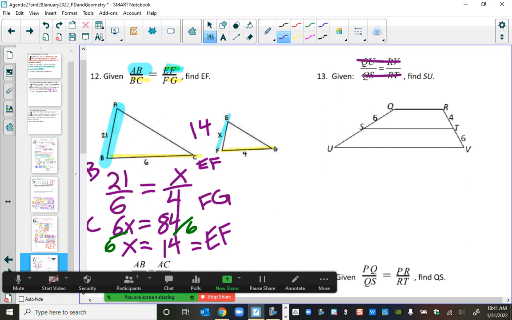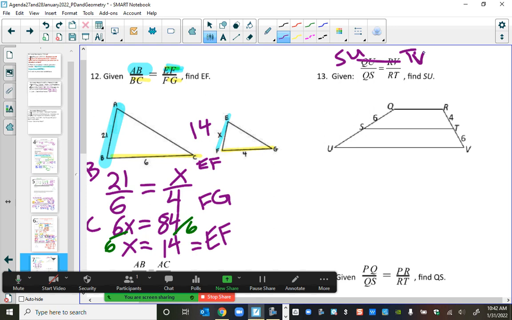Actually, keep the bottom. The tops are going to switch. Rather than QS, you want the top to be SU. Rather than RV on the top, it's TV.